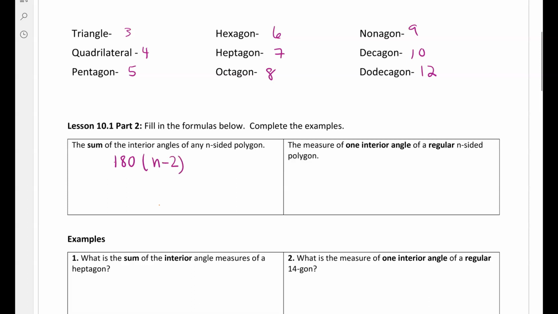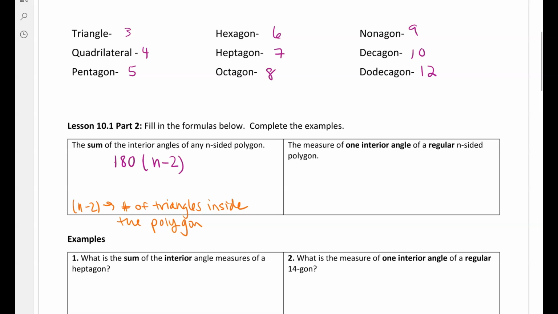The n minus 2 part represents the number of triangles that are inside the polygon, and these triangles are formed by connecting one vertex to all the others. So the 180 degrees in each triangle, times however many triangles there are, gives us the sum of the interior angles of that polygon.